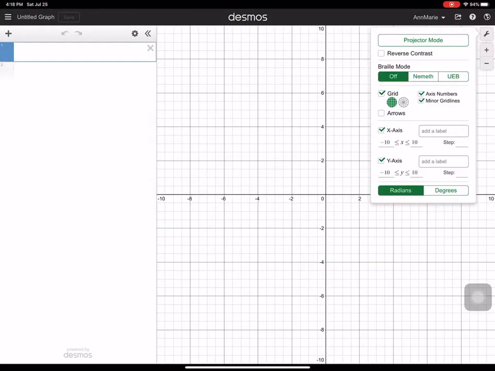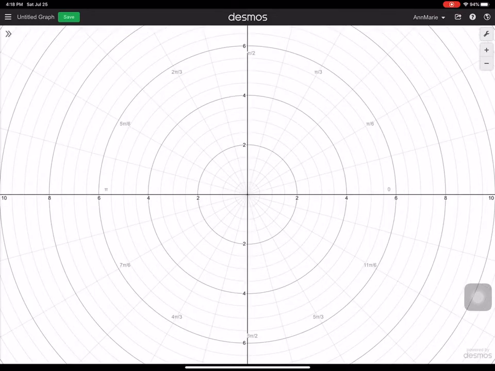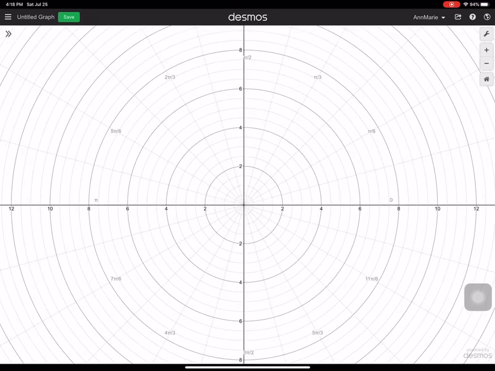So Desmos can be made to give you a polar grid. And this is what it is. And we're going to look at equations in a later video. But right now I just want to talk about the polar coordinate system. You can see everything is in circles with spokes along our standard angles of rotation.